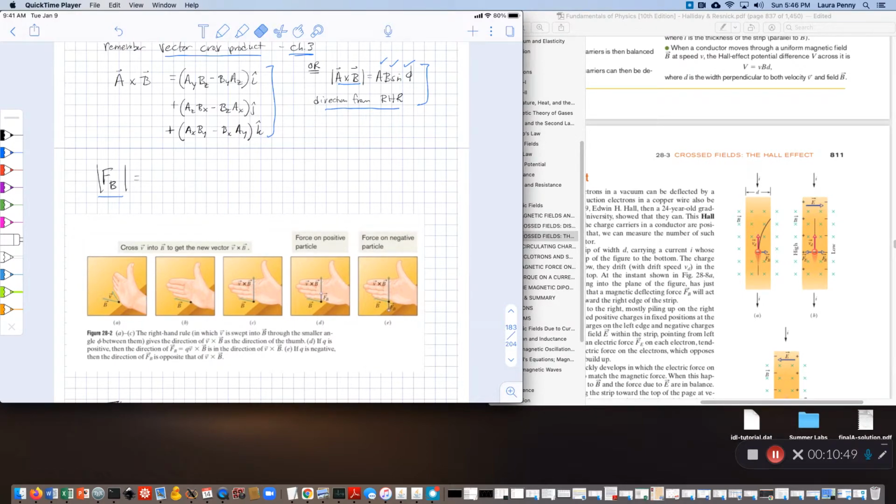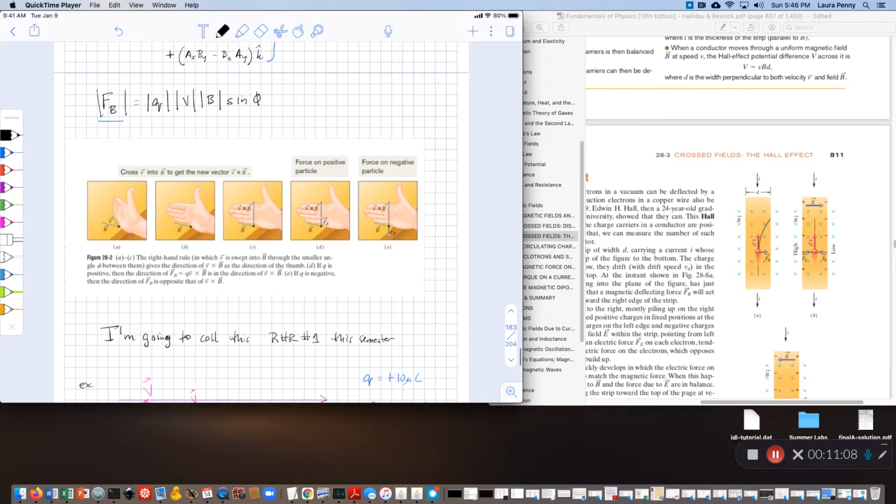Just to be clear, we're saying the magnitude of the charge, times the magnitude of the velocity, times the magnitude of the magnetic field, times the sine of the angle between them. That's how we get the magnitude of the force. And then the right-hand rule, specifically for velocity crossed with the magnetic field, gives the direction.